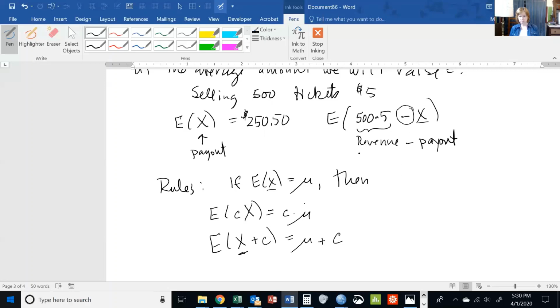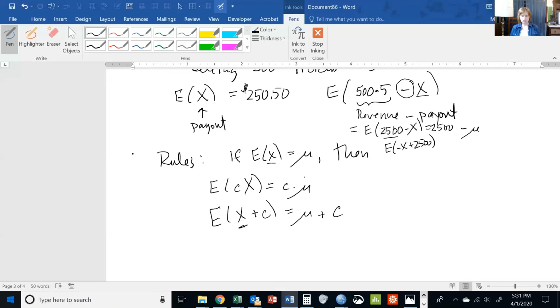So the expected value, 500 times 5 is 2,500. The expected value of minus X is minus mu, and then we're adding 2,500, which is the same as E of negative X plus 2,500. So this is going to be 2,500 minus the mean.